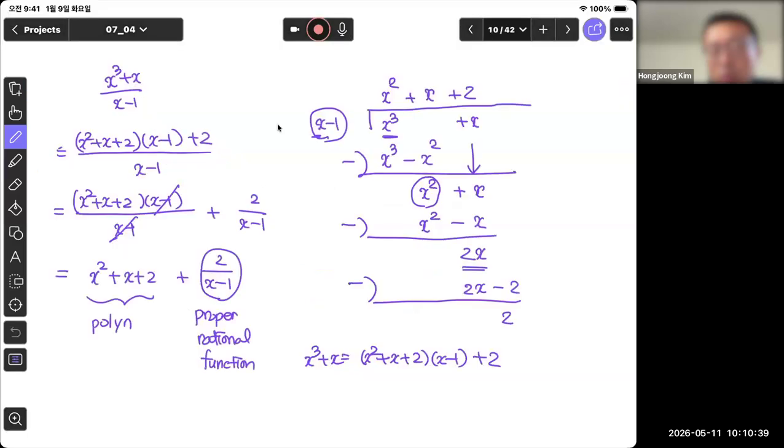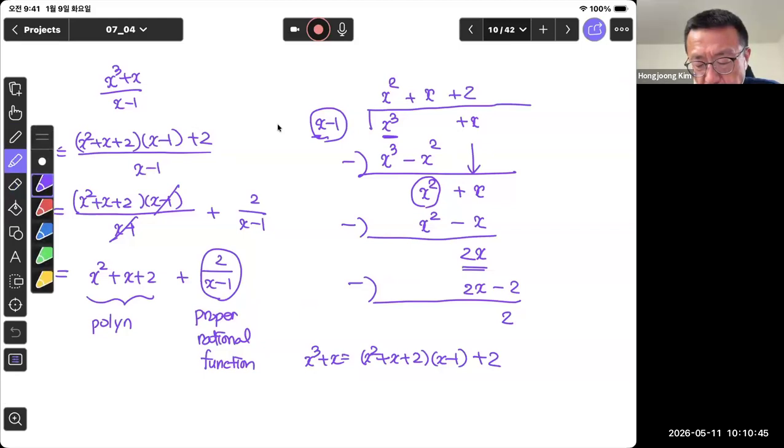So you need to divide the numerator x cubed plus x by the denominator x minus 1 by long division. Okay? So if you forgot this trick, you need to brush up your memories.